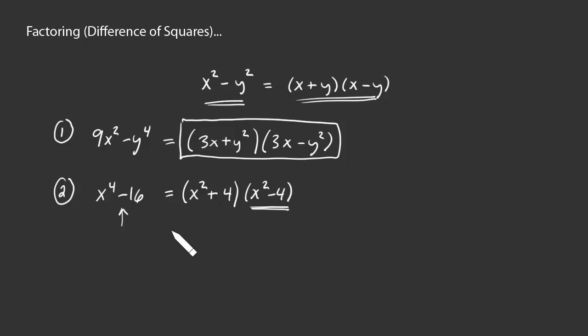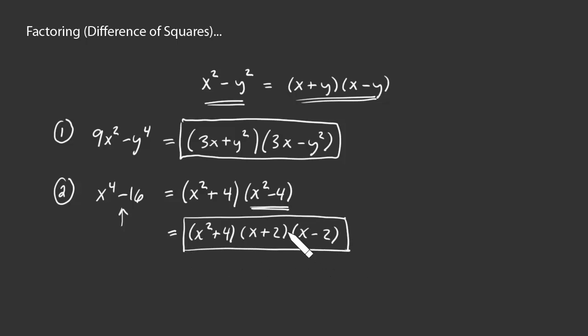All right? So let's bring this along for the ride, x squared plus 4. What we can, however, do is write this as the product of x plus 2 and x minus 2. Okay? That is a complete factorization of x to the fourth minus 16 that uses difference of squares twice. Okay? That's it.